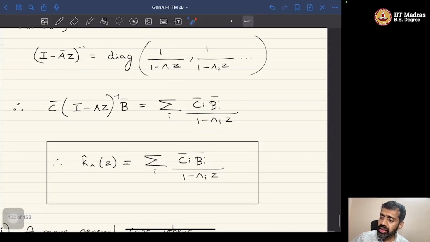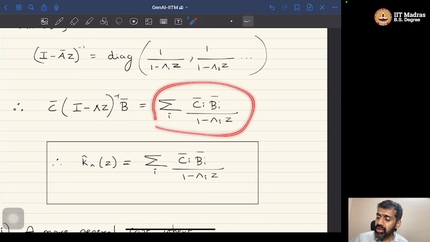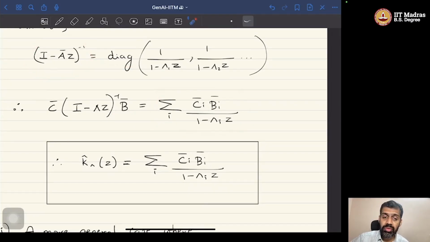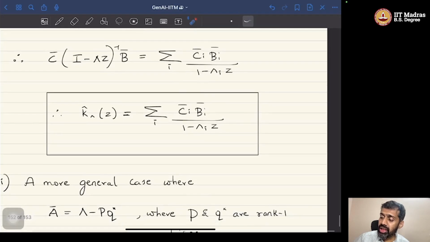If you pre-multiply this with C bar and post-multiply it with B bar, it is very easy to show that this entire thing can be written as a summation of different scalar elements. The summation contains the elements of C, elements of B and the elements of the I minus A bar Z matrix. Therefore, the final truncated kernel, for the case where A bar is a diagonal matrix, assumes this particular form.